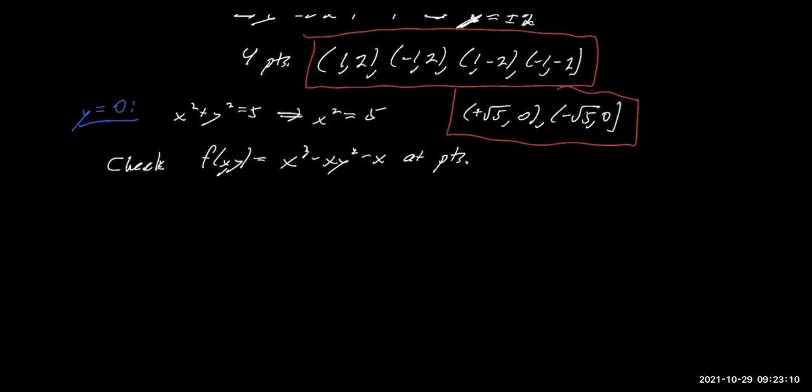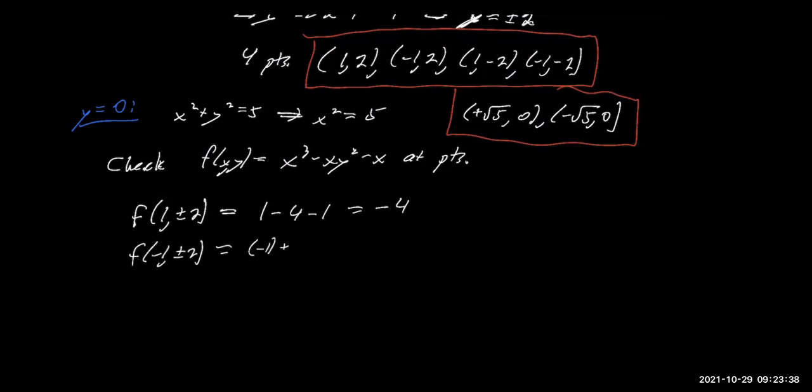So let's see, if we plug in, notice y is only squared, so we can put plus or minus 2 here. We can check these 2 points simultaneously because it's going to be the same. So you get 1 minus 1 times 4 is 4, minus 1, which is negative 4. If you plug in this one, you get minus 1 plus 4 plus 1 minus negative 1.